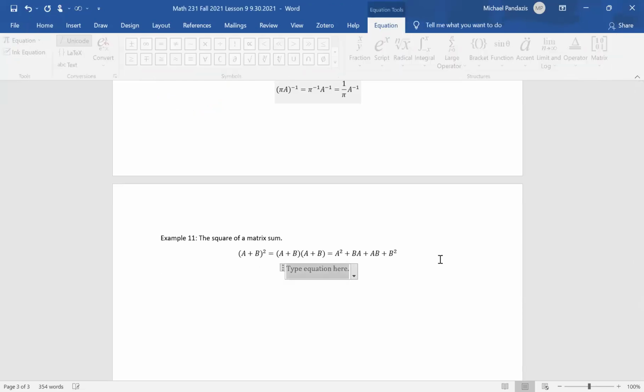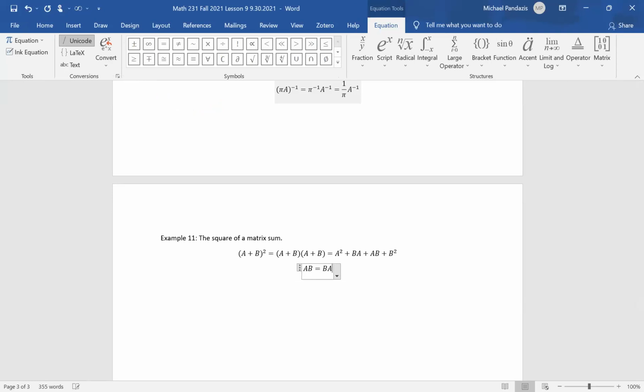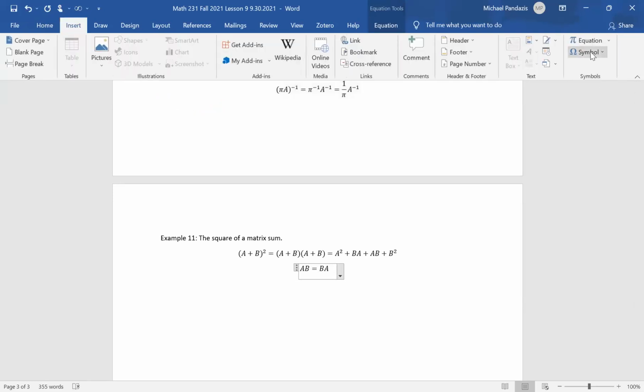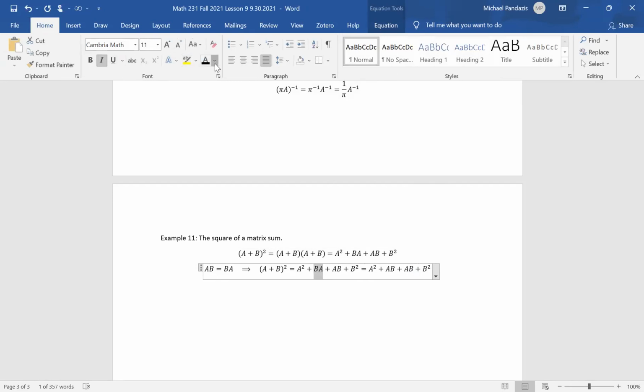Now, if AB equals BA, then that implies that A plus B squared, which is still equal to this, is also equal to, well, the BA and BA are the same. So you could replace the BA here with an AB here. And that's because AB equals BA.